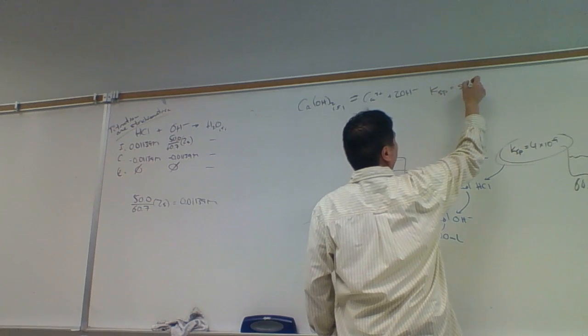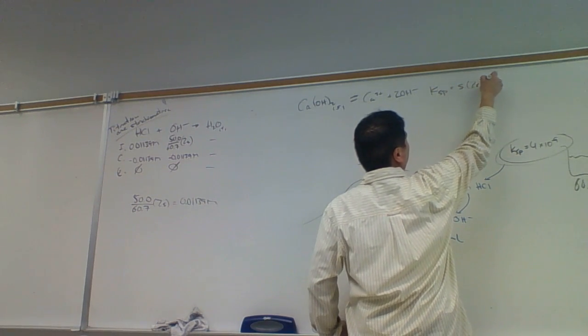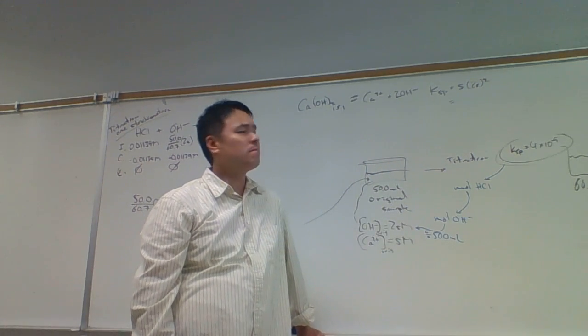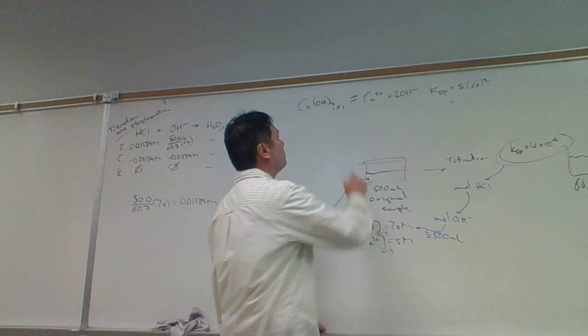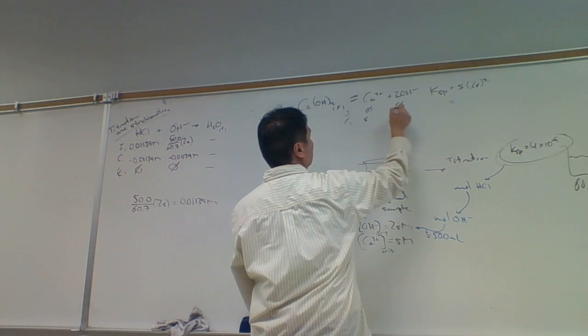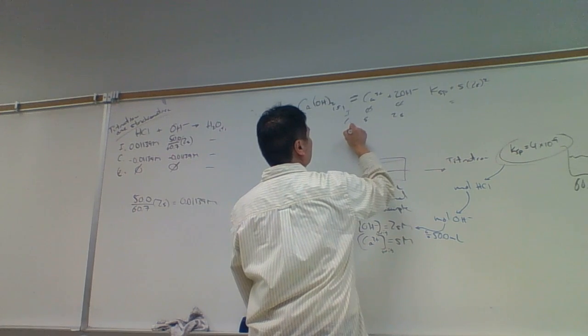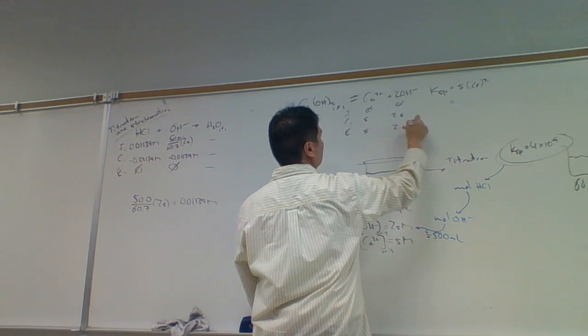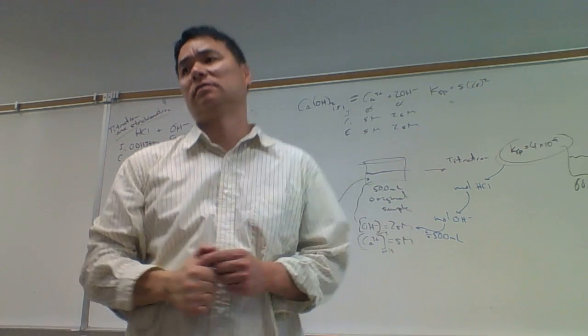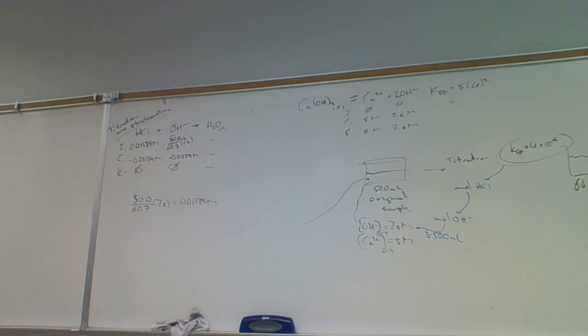So KSP is going to be S times 2S quantity squared. And so did you plug those in? S is still equal to the value that we put in, right? 0.0069144.